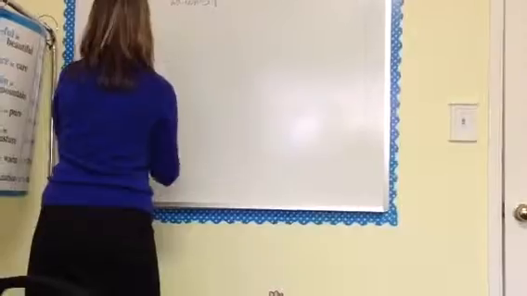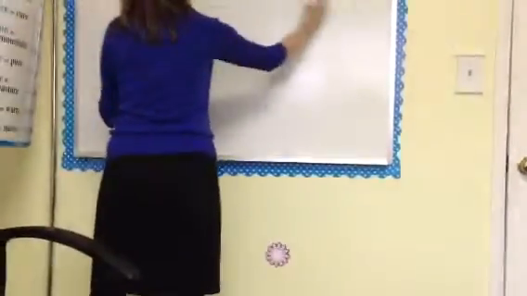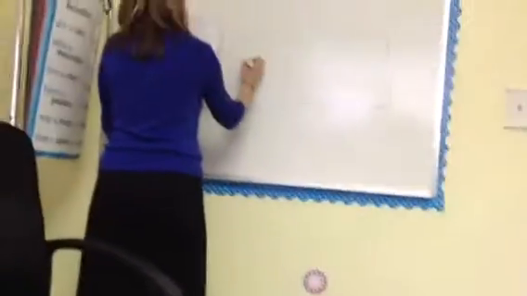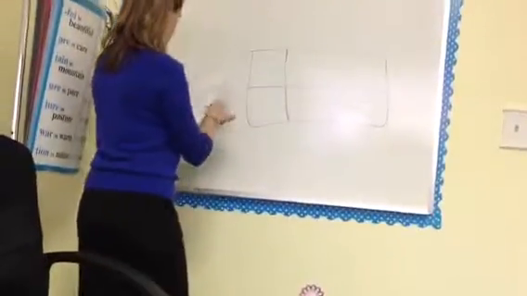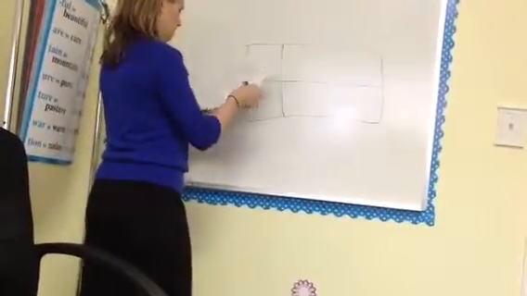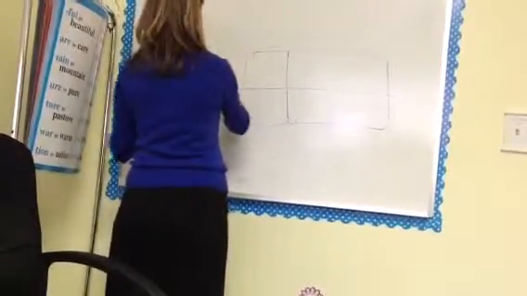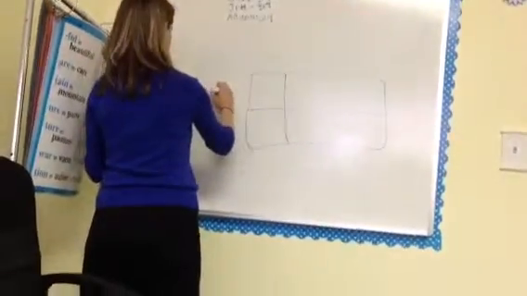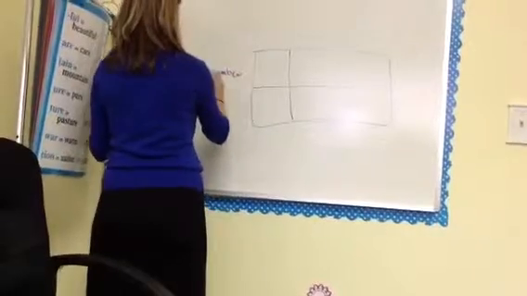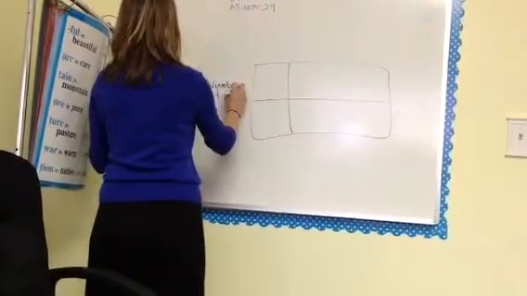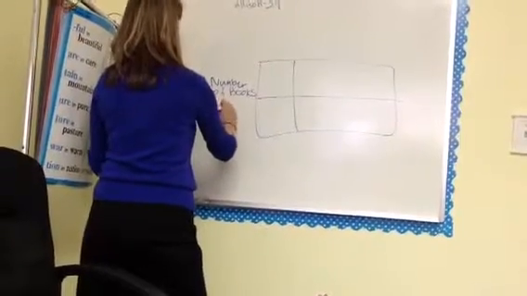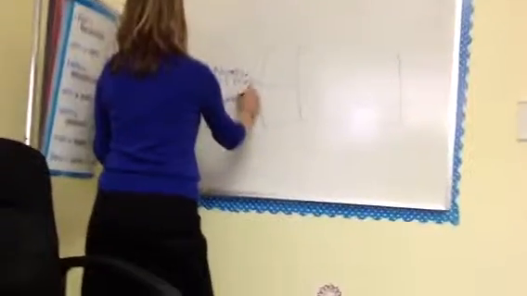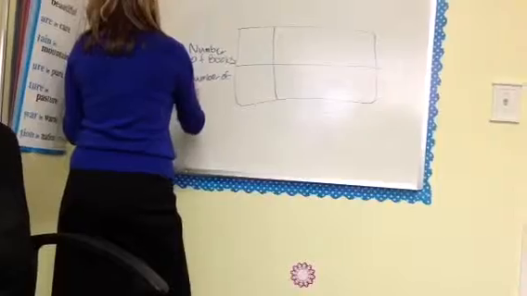Okay, so if we make a table, I'm going to try to duplicate what it shows on your paper. Over here we have the number of books. Here's our table. And then down here we're going to have the number of pieces of writing paper.